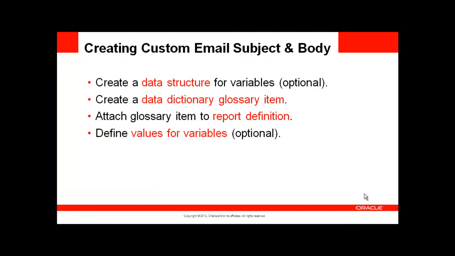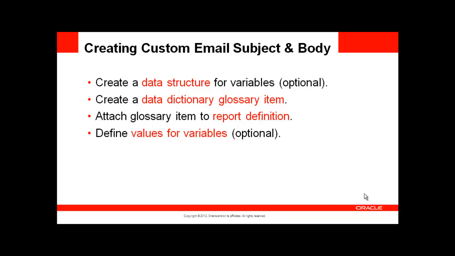Let's review the steps to customize an email subject line and message sent by a report definition. If you plan to use variable text in the email subject line or message body, create a data structure for the text substituted values. Create a data dictionary glossary item for the subject and body of the message.